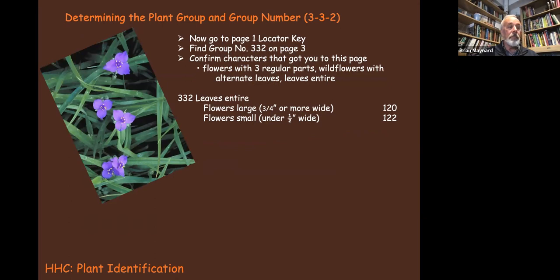And notice that at the top of page 3, it's still in the irregular flowers section, but down the page we go through flowers with 2 regular parts, which is a very short section, only page 116. And then we have flowers with 3 regular parts. And then under that, the first choice is wildflowers with basal leaves only, that's 322. And then wildflowers with alternate leaves, and that's 332.